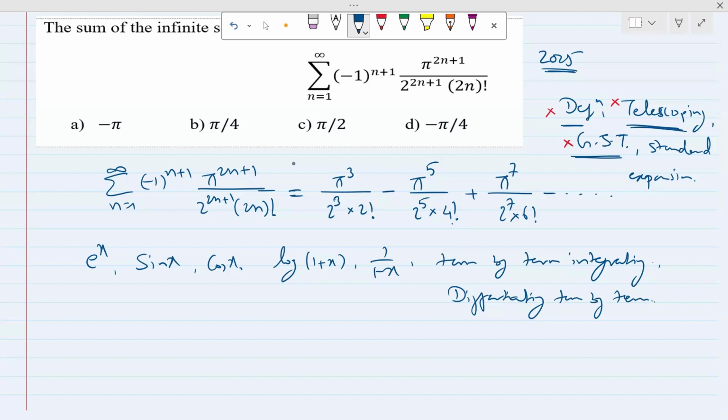So which expansion will help here? What is there in the denominator? See, 2n factorial. Did you see this 2n factorial? Cos x.